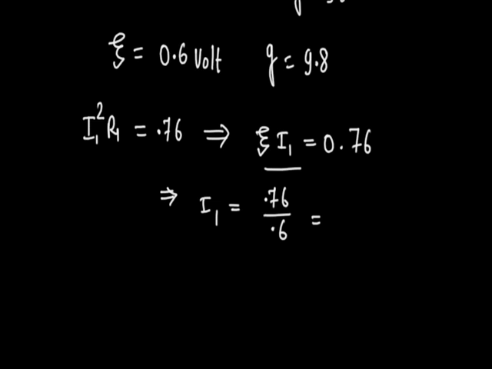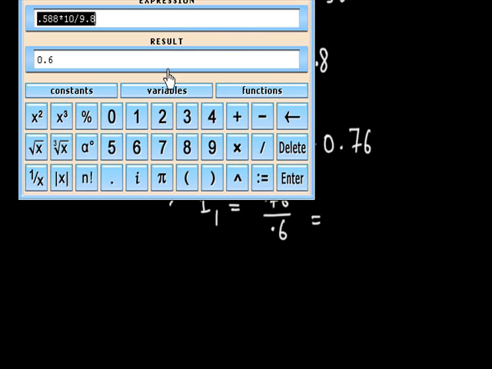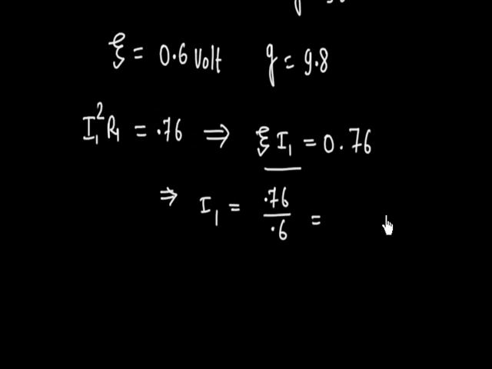We can again use my calculator. So 0.76 divided by 6, this value is 0.1266. So I1 is 0.1266, this is in ampere.